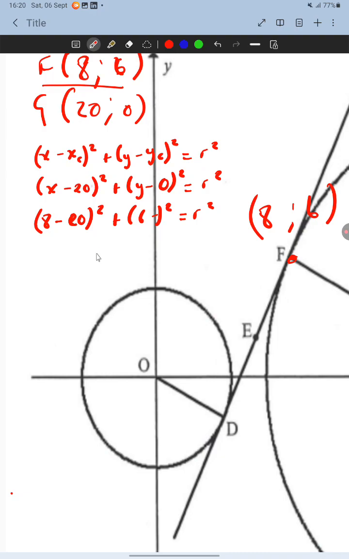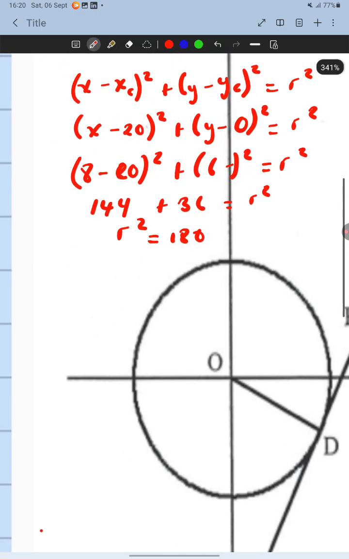So 8 minus 20 is negative 12 squared, that's 144, and plus this one gives us 36 is equal to r squared. If we add them, r squared is equal to 180. And now let's multiply out to find the equation.